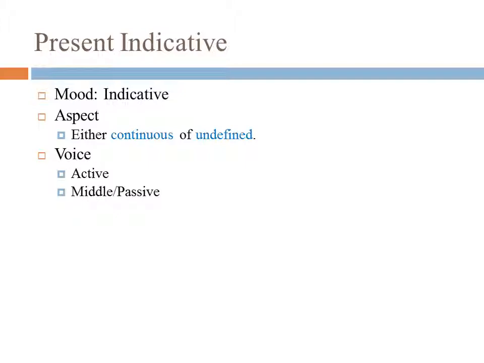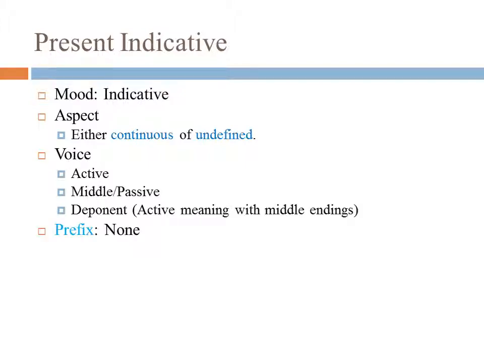The voice, we can have active, middle passive, and deponent. Let me explain this. We can have active, which is it is doing something, middle passive, and there's only one set of endings for the middle and passive in the present, so we call this the middle passive.